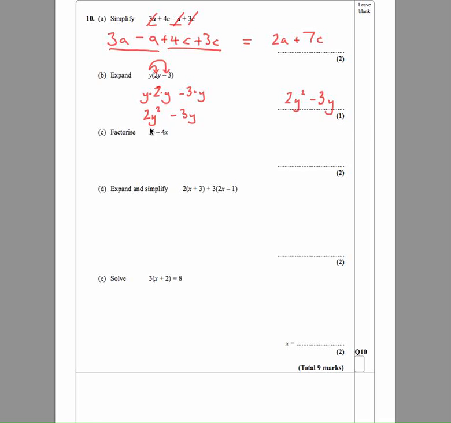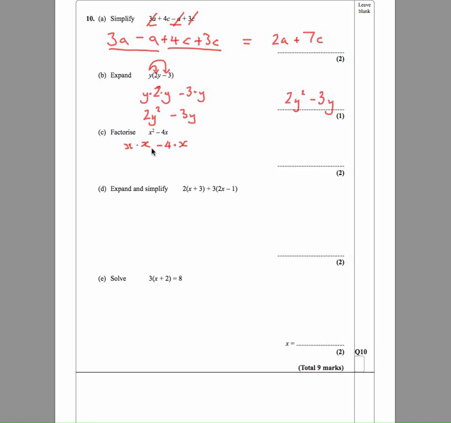Okay, factorize. Now, factorization is the opposite way round to expansion. So we're looking for something that is the same in both of these terms. We can see that we have x and x to make x squared, and we have a negative 4 and an x to make negative 4x.